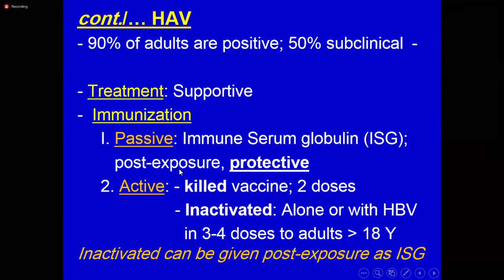For children, one can use killed vaccine. Adults above 18 years can use the inactivated. Now, the inactivated can be given also post-exposure, like the immune serum globulin, in a similar way.